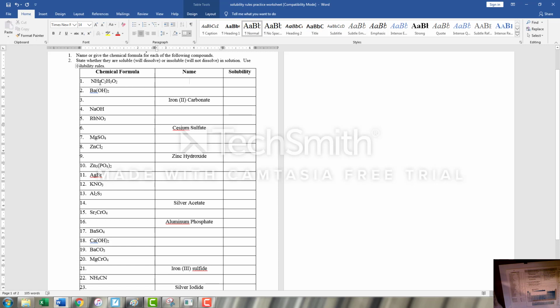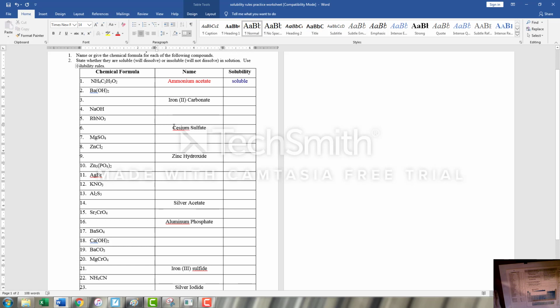If I'm looking at this, I need to sort of decipher my positives and negatives. So this is ammonium acetate. Ammonium and acetate, those are both always soluble ions, so I'm going to write that this is soluble. Barium hydroxide.